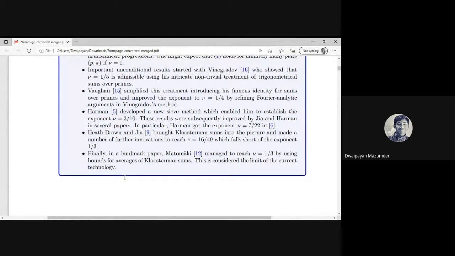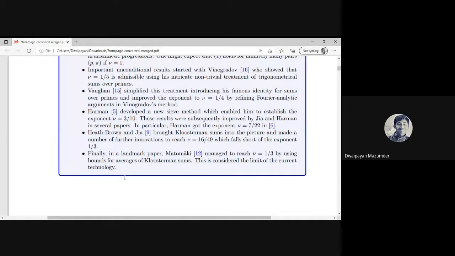Then Heath-Brown proved nu equal to 3/10 by his own sieve method. Then Jia and Harman also improved the result in several papers, and ultimately Harman got 7/22. Kumchev and Jia also brought Kloosterman sums into the picture and made further innovations, like nu equal to 16/49.